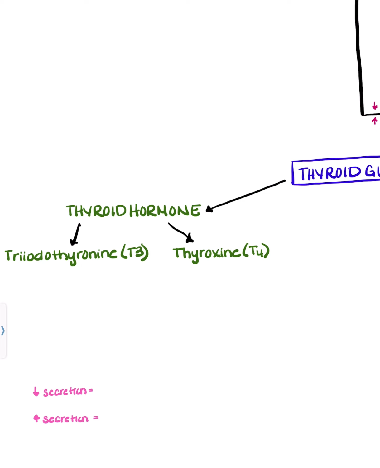So basically, predominantly we have T4 secreted, and then if we want to, we can convert it to T3. What's the big difference? The big difference between T4 and T3 is that T3 can bind much tighter to the receptors, and this tighter binding allows it to be 10 times more active than T4, so it's a lot stronger.